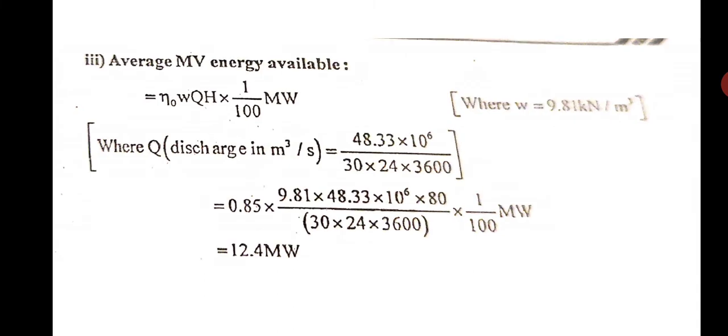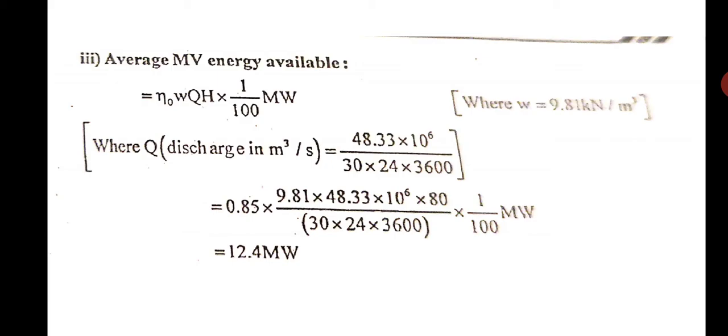Now the second equation is to find the average MW. Sorry, it is not MV, it is MW, megawatt of power. So this is equal to efficiency into G, that is gravitational acceleration 9.81 meter per second square, into H, that is the head available, into 1 by 100.